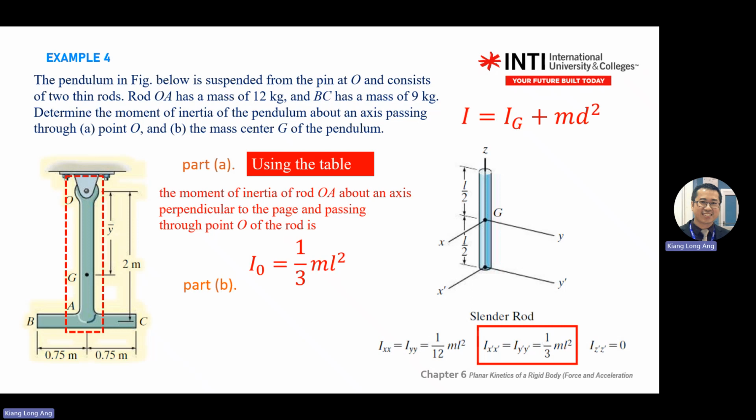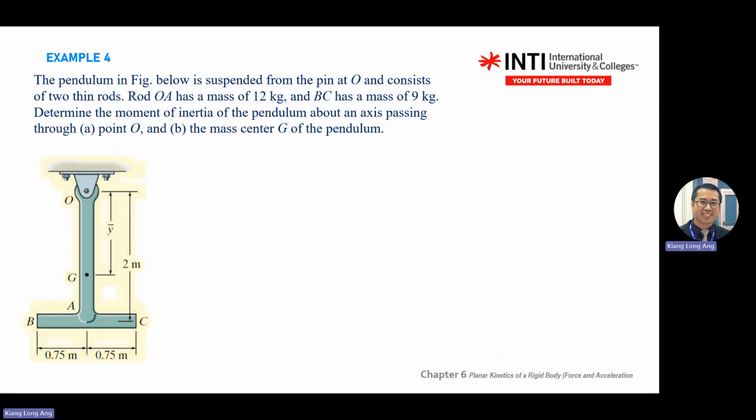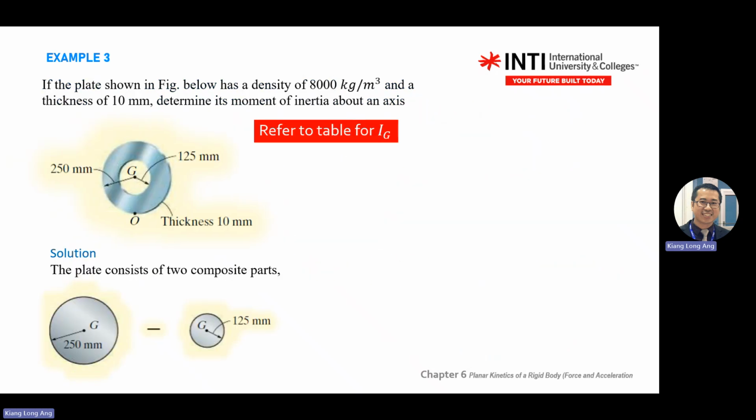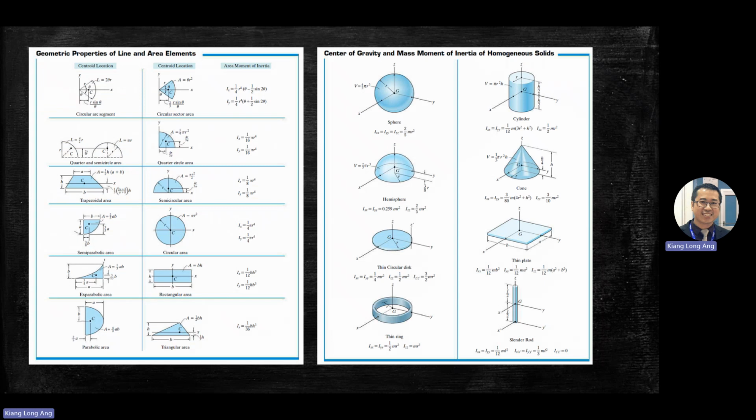This one you can derive from the equation, but straight away you read from this table. Find this one. It's a rod. You don't need to worry about how to derive the equation. You only need to know how to find which one is the correct one to use.